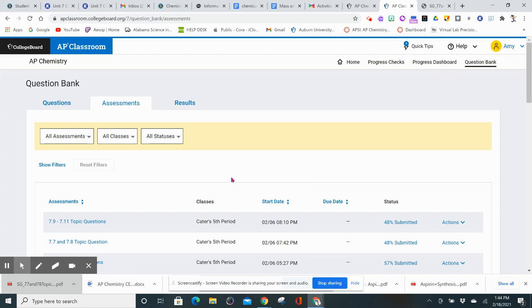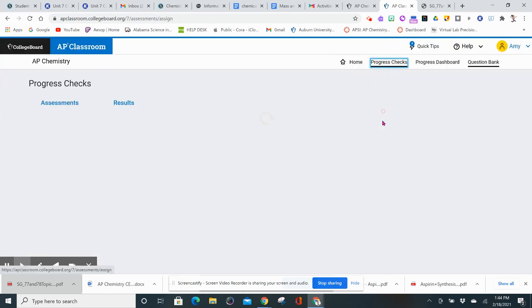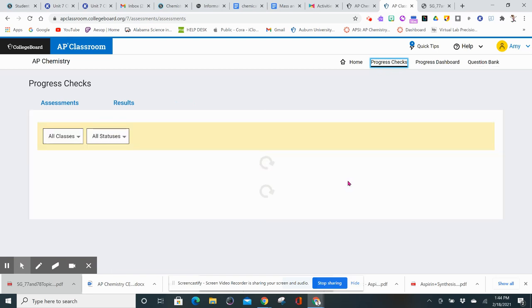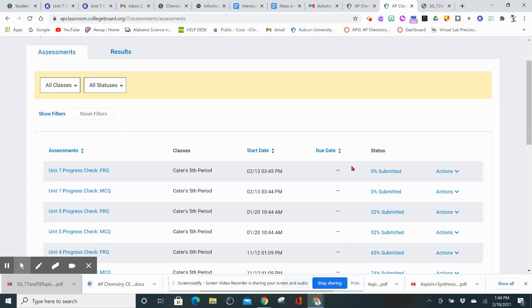Not that you have to do them for a grade. It's just they're there to do extra study with, which I would strongly encourage you to do, because they're going to grade it for you, at least the multiple choice, and you'll be able to see that feedback.